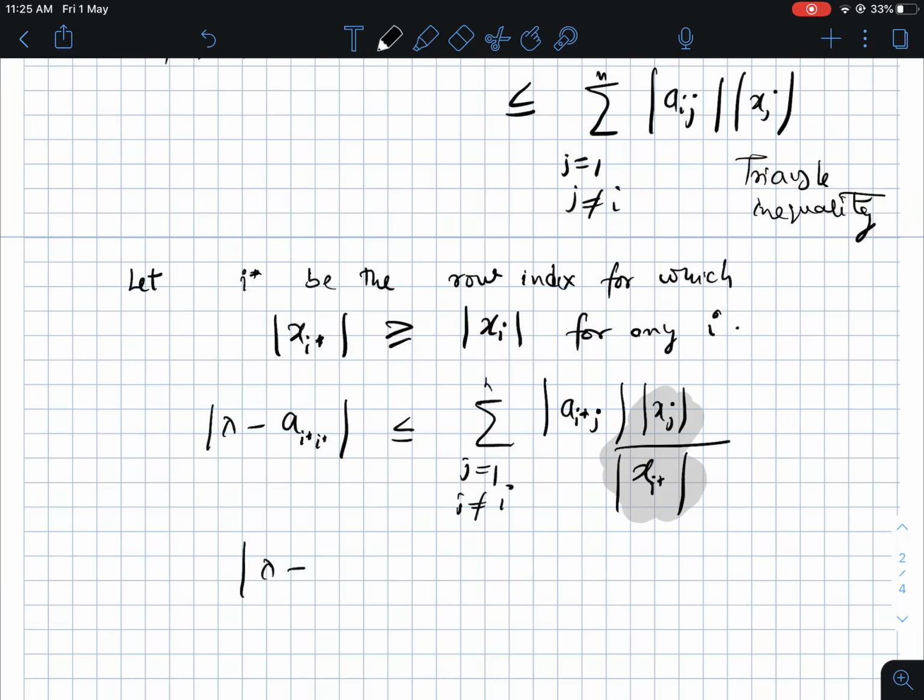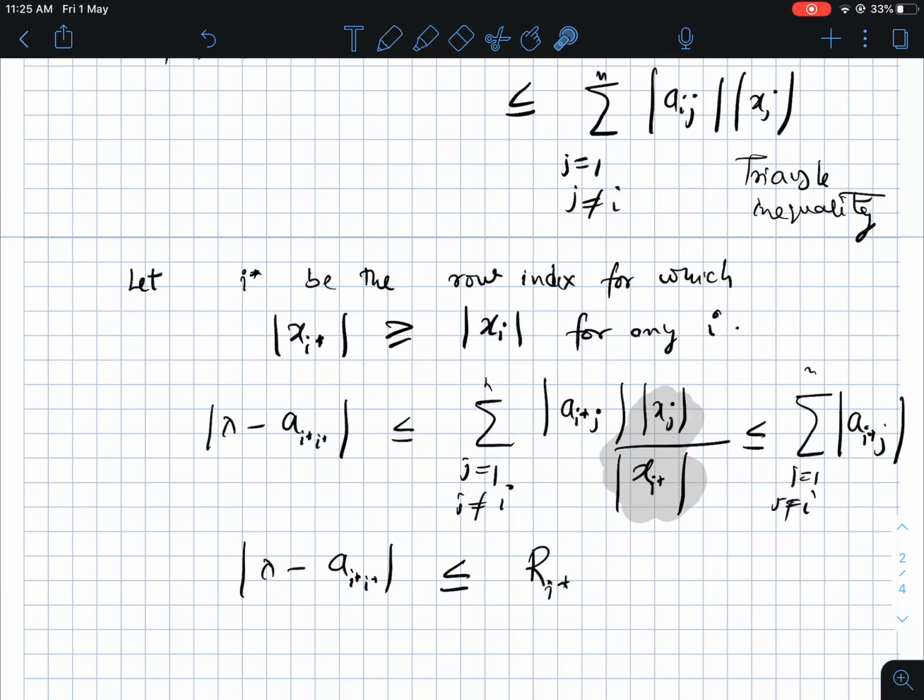So what that tells you is that |lambda minus a_i star i star| is less than or equal to R_i star. What you are left with here, if this quantity is less than or equal to 1, is that I can simply say this whole thing is less than or equal to the summation of the absolute value of a_i star j, j equal to 1 to n, j not equal to i.